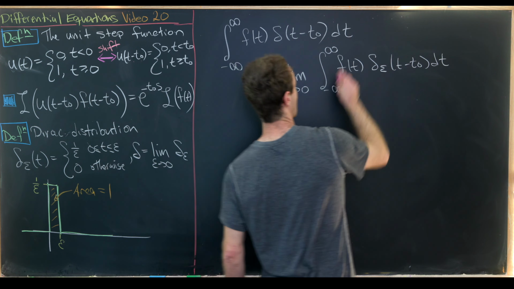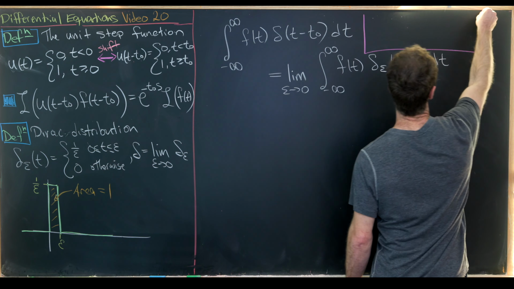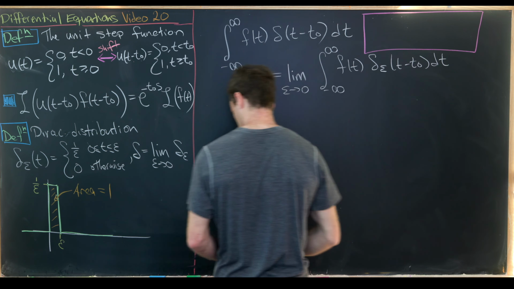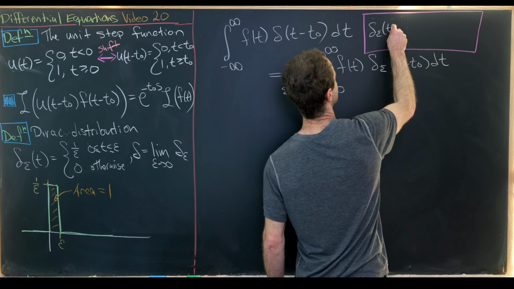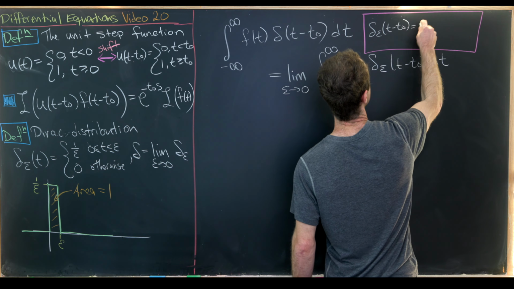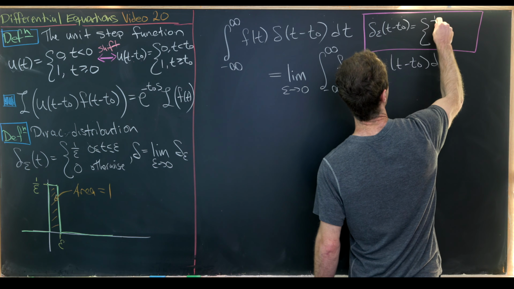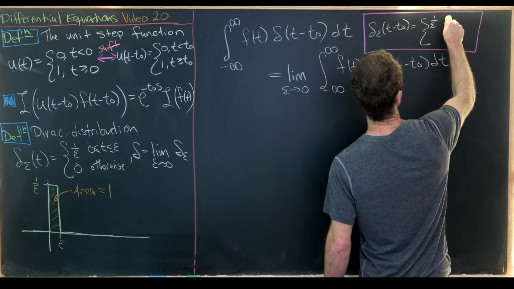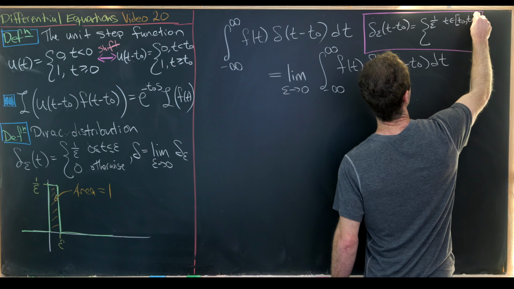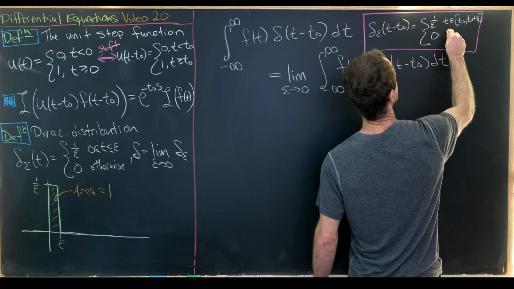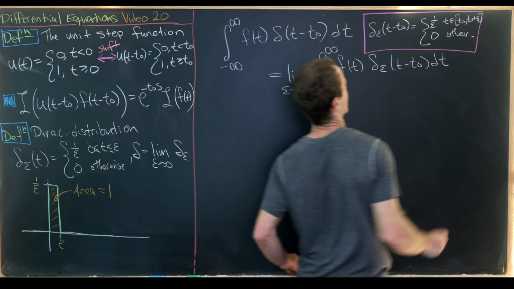And now just to refresh our minds and be super clear about what's going on, let's look at the piecewise definition of delta epsilon of t minus t naught. So this is going to be equal to 1 over epsilon if t is on the interval t naught to t naught plus epsilon, and it's going to be 0 otherwise.